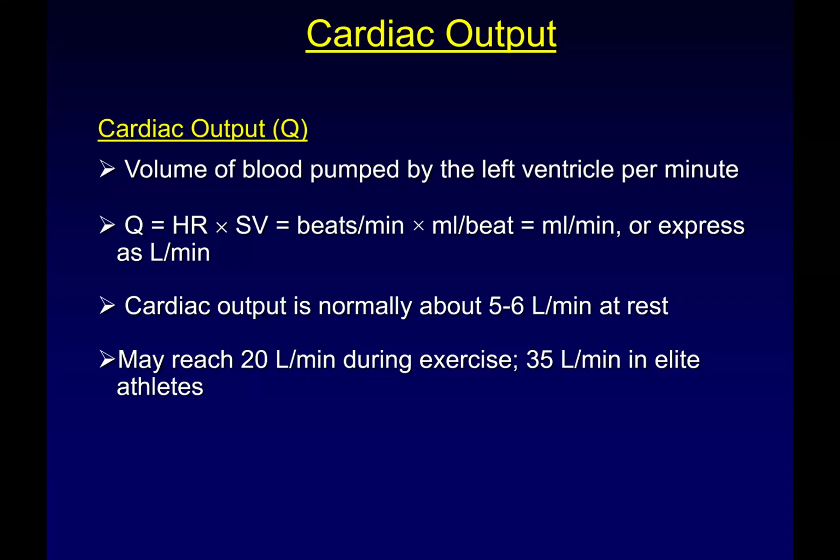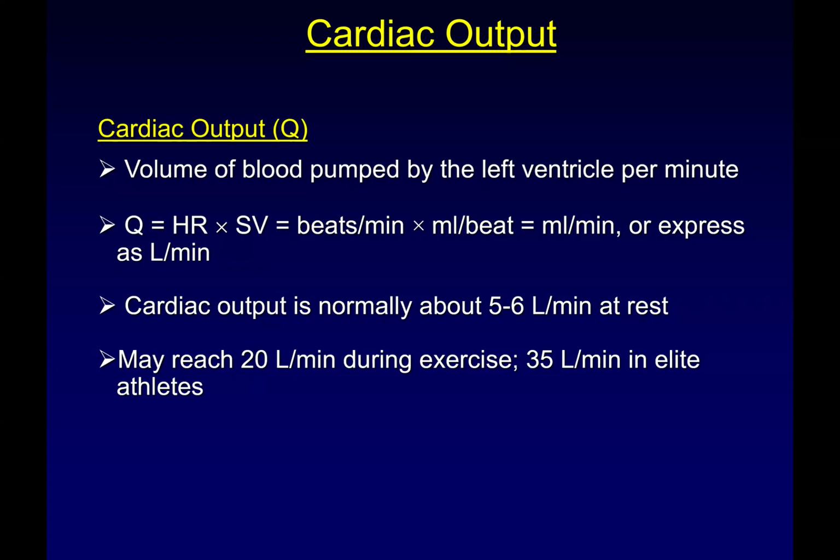There we go. Okay. So you have a heart rate, which is the number of times your heart beats in a minute. You have a stroke volume, which is how much blood gets pushed from the left ventricle into the aorta every time it beats. If we multiply those two numbers together, we get a functional parameter called cardiac output.